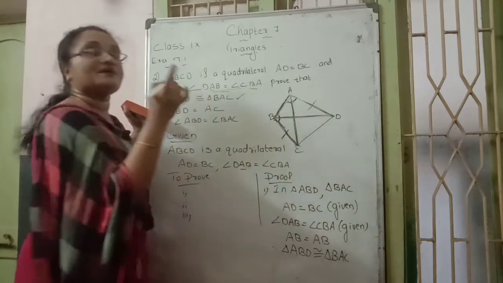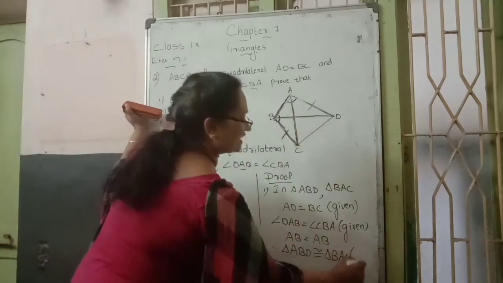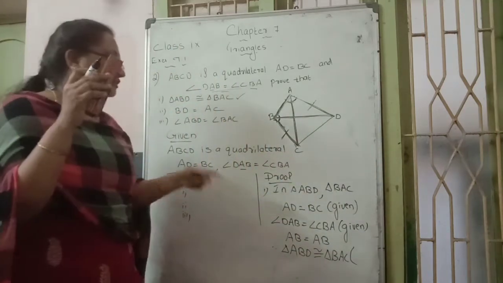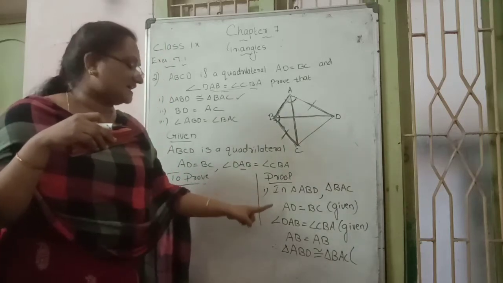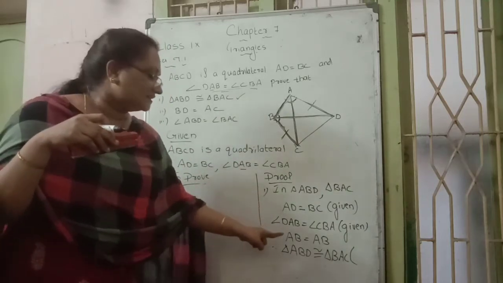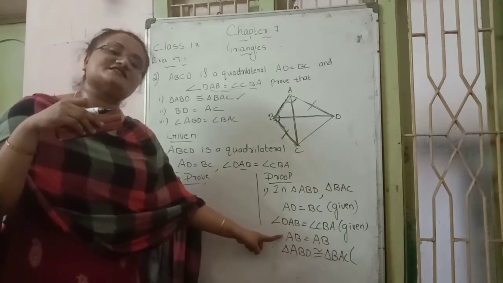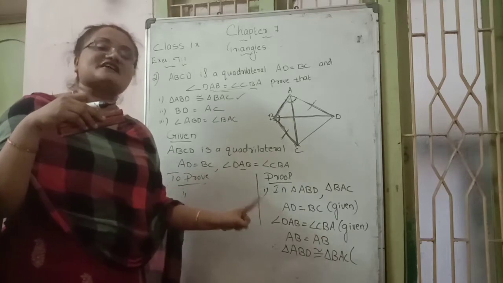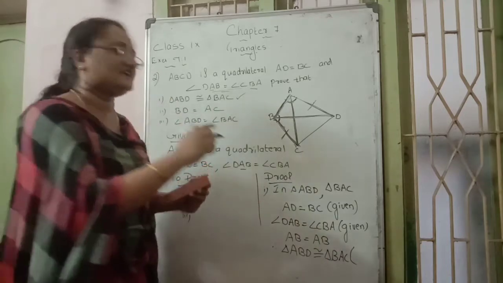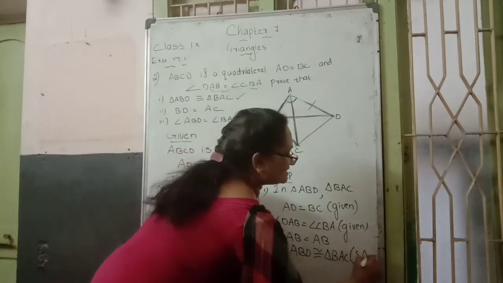By which property? We should also write the property name. How to identify the property name? Here this represents a side. This is an angle. The third condition tells about a side. So side, angle, side we call the SAS property.